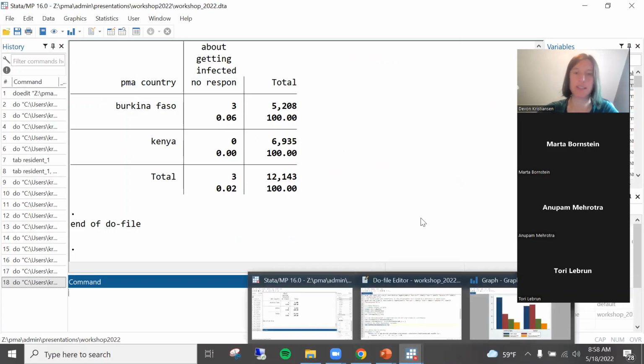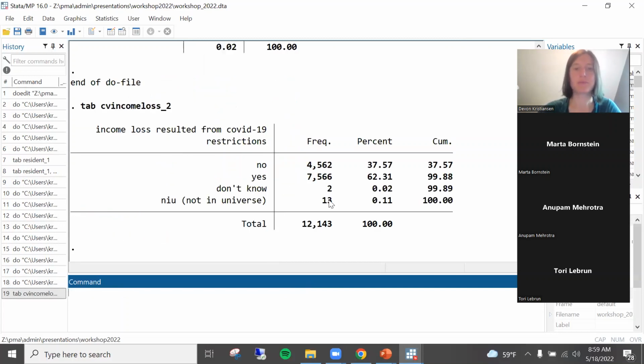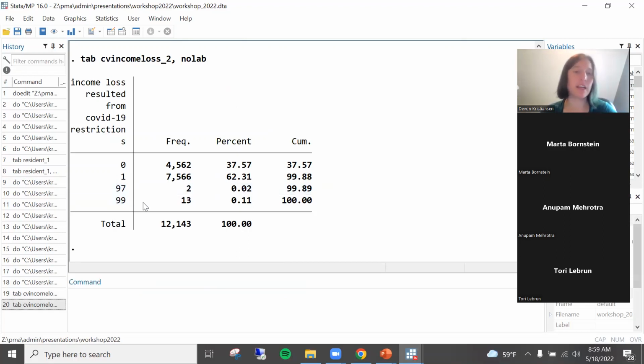One thing you probably noticed is that what IPUMS does with non-response or not in universe is we recode those to be rather large numbers. So for example, with the income loss variable, we use NIU, and I want to show you that. So we have our no and yes, and then we have larger numbers above 90 to group these other categories.